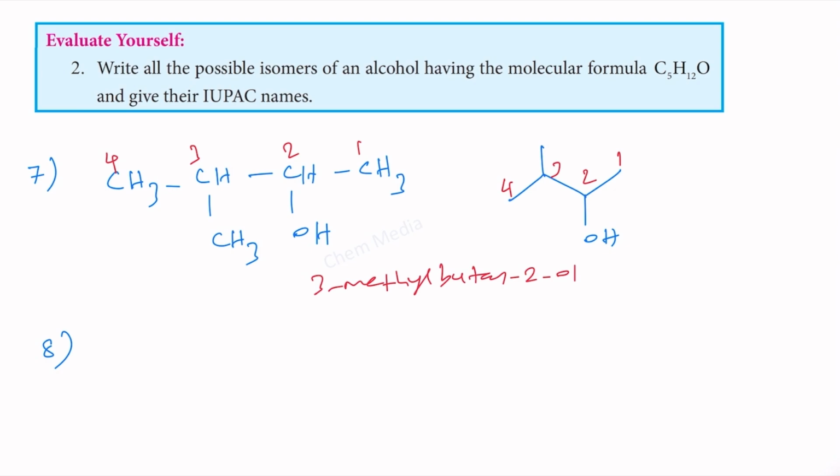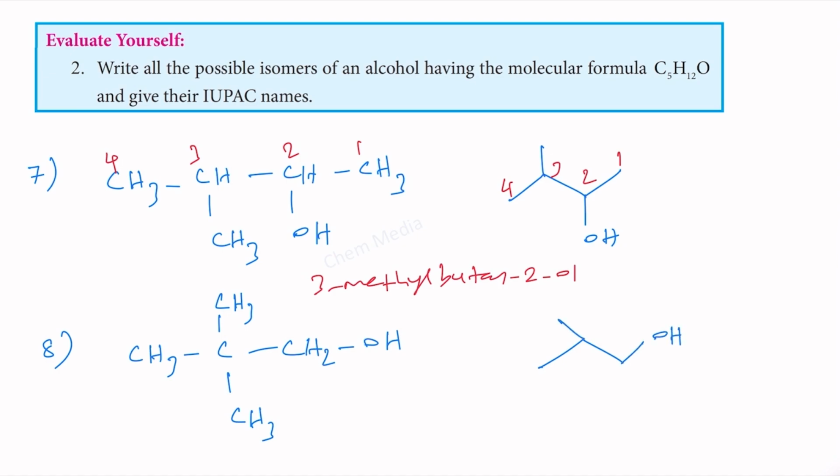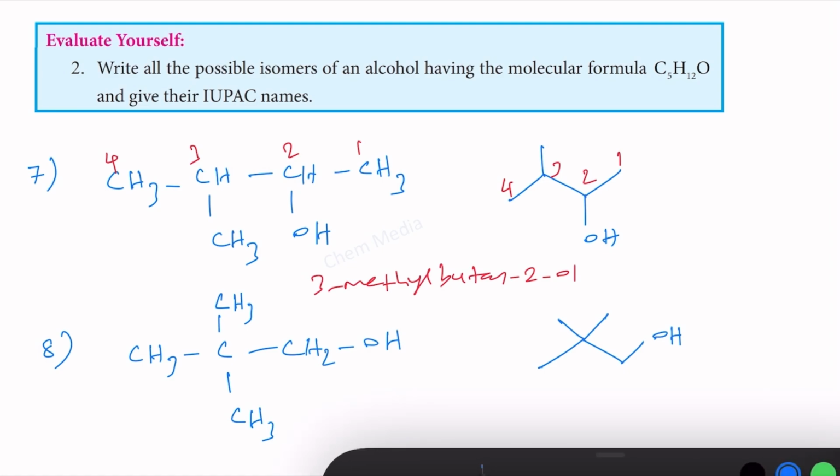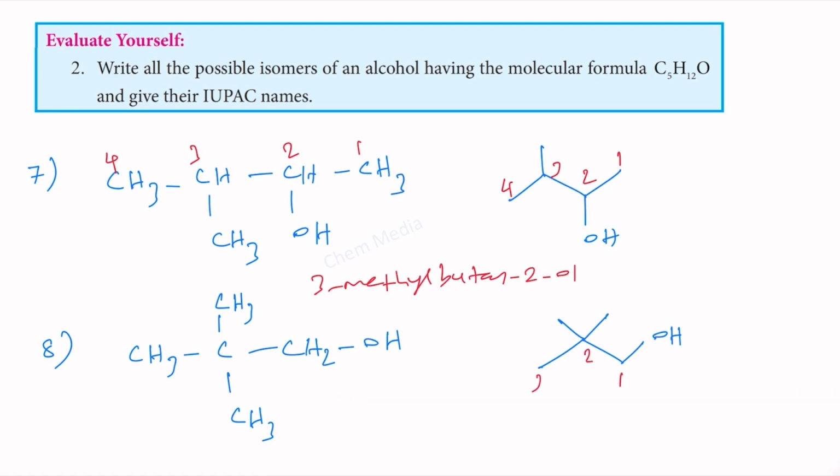We can write one isomer here, that is CH3, C, CH3, CH3 and then CH2, OH. The same structure in bond line notation will be 1, 2, 3 and then the alcohol functional group and then 2 methyl groups at 2 position. This is 2,2-dimethyl propane 1-ol.